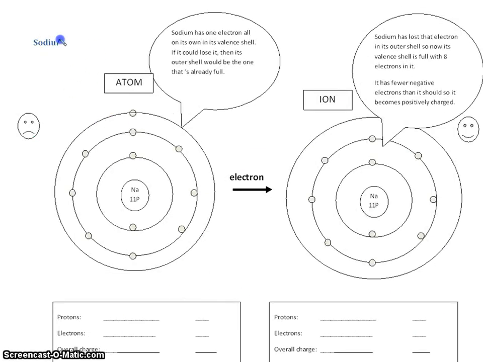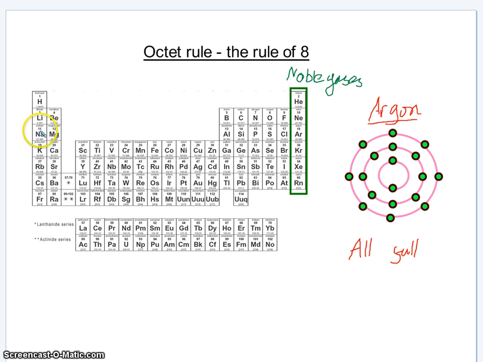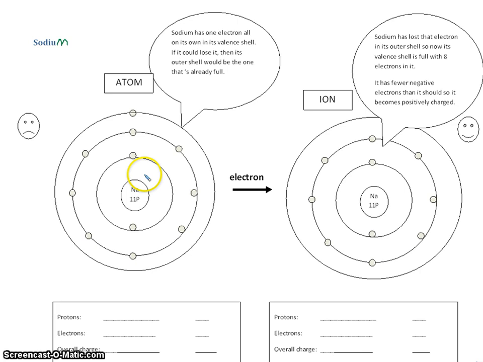Sodium, whoops, I left off the M. Sodium's a bit different. Look at the periodic table. Sodium, atomic number 11. It's got 11 protons and 11 electrons. So we've got 11 protons, and 1, 2, 3, 4, 5, 6, 7, 8, 9, 10, 11. It's not happy. Why isn't it happy?